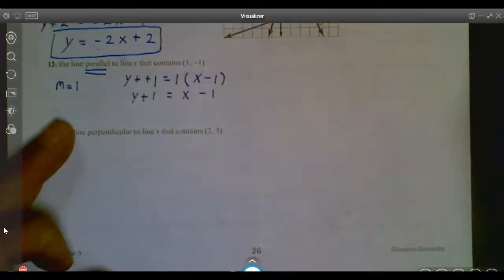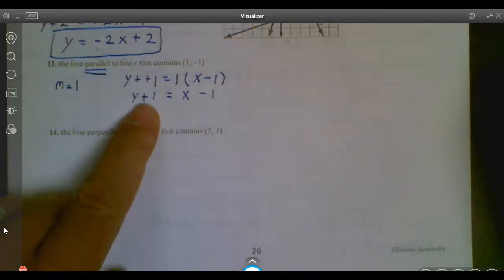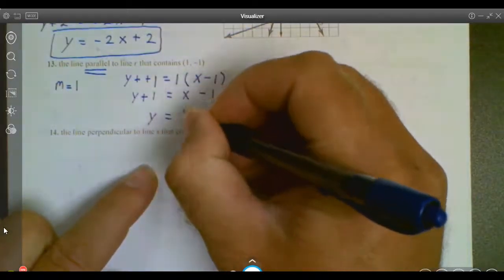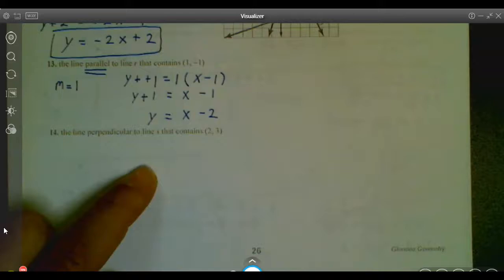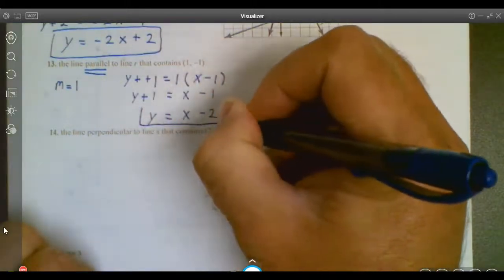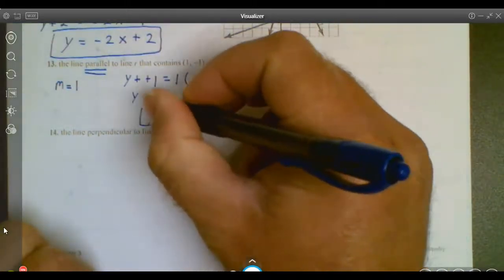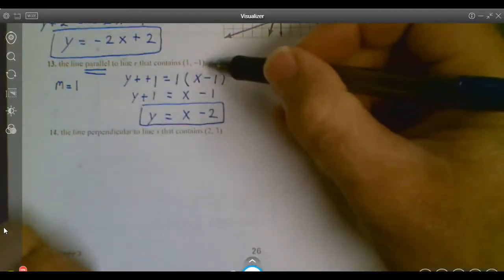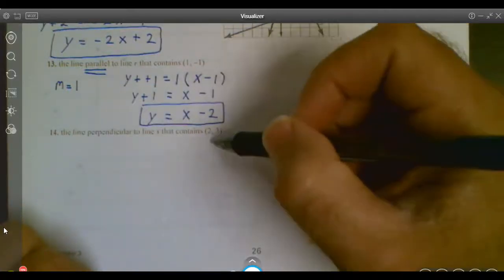Gives me this. And now if I subtract 1 from both sides, we get this guy for the equation of our line. So this line is parallel to line R, and it would also, if you graphed it, it should pass through this point right here.